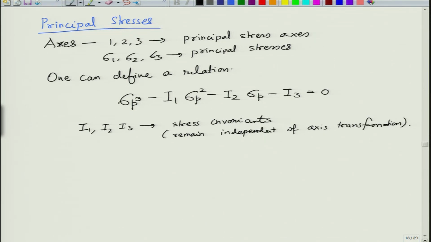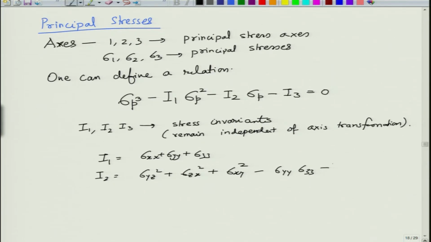transformation, and one can write I1 as sigma xx plus sigma yy plus sigma zz. I2 can be written as sigma yz square plus sigma zx square plus sigma xy square. You can write them as tau xy, and the next one is minus of sigma yy sigma zz, then we have sigma zz sigma xx, and then we have minus of sigma xx sigma yy.